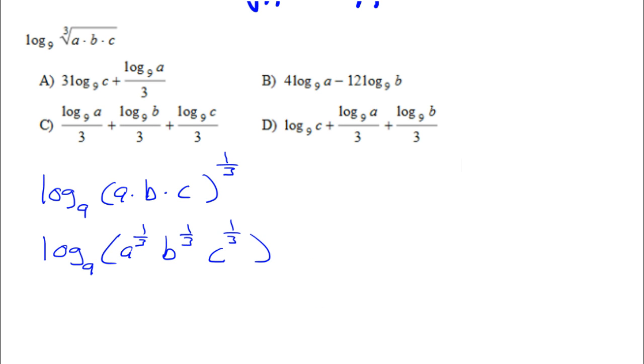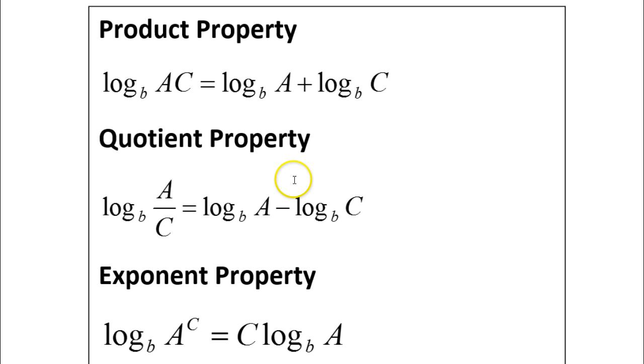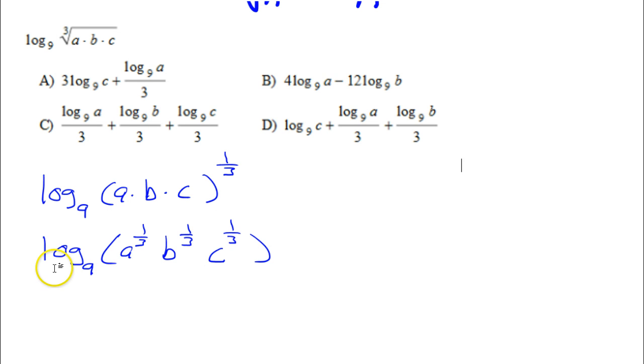Now it's time for this property, the product property. The log of something times something expands as addition. So I can expand this, the log of multiplication expands as addition.